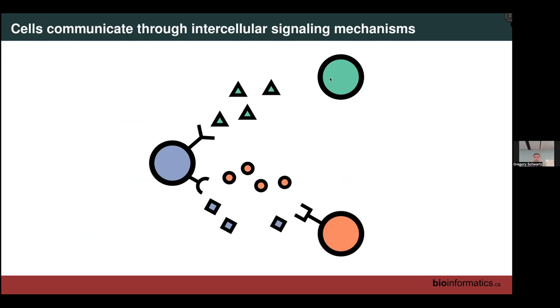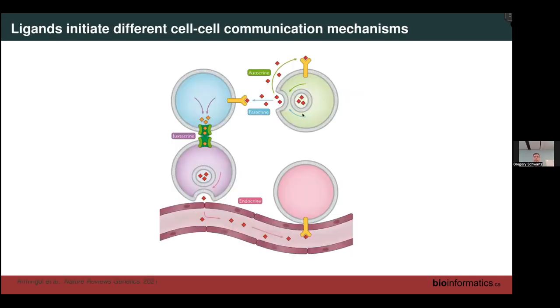Through a sender cell will secrete a ligand protein, which will bind to a cognate receptor on a receiver cell, and this will form that communication. So there are many different types of mechanisms for this ligand receptor pair based communication. For example, you can have autocrine, where the cell secretes ligand that's picked up by its own receptors on the cell surface.